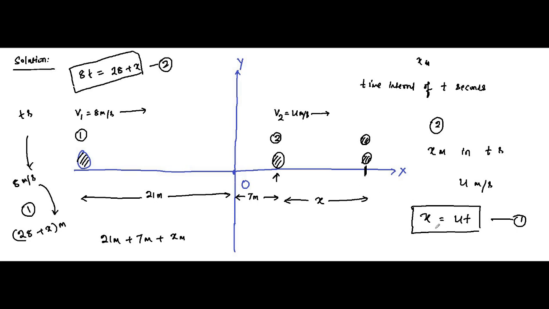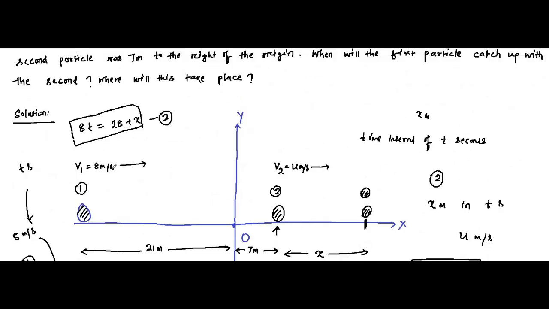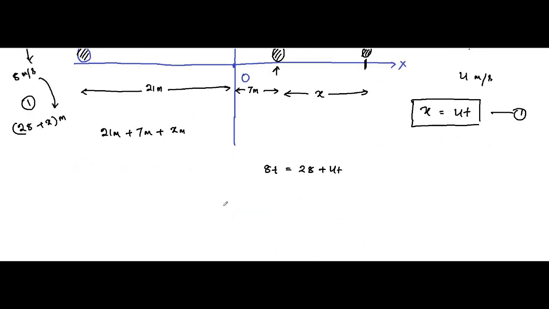Now here we have already determined x is equal to 40. So we can substitute this value here, that is 8t is equal to 28 plus 40. We just simply substituted x with 40 here in equation 2. That implies 8t minus 4t is equal to 28.